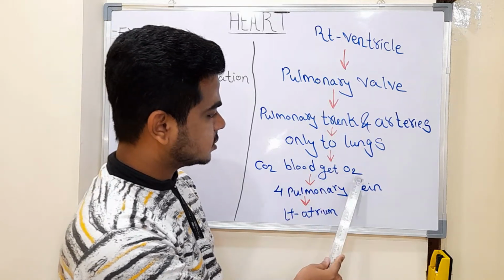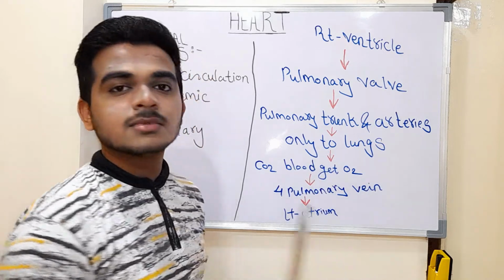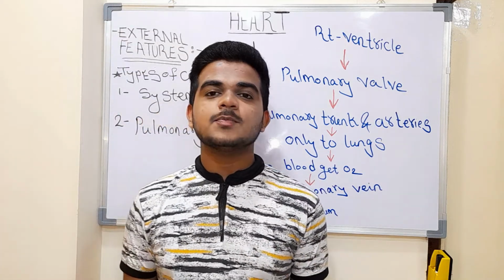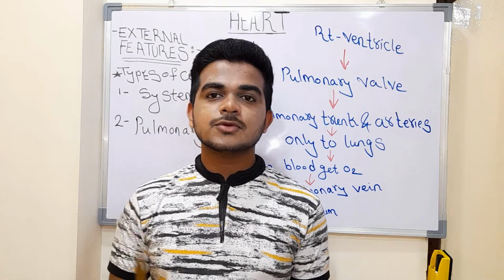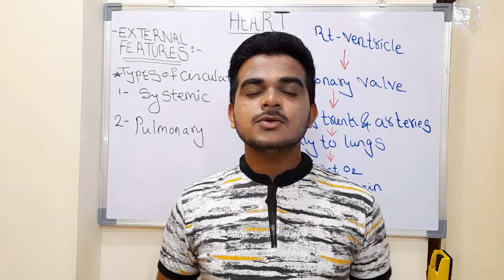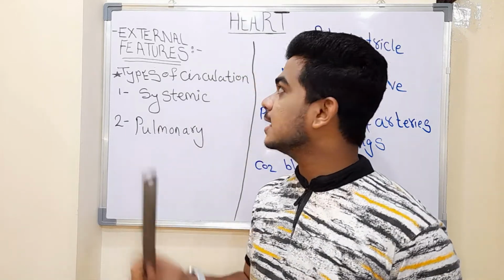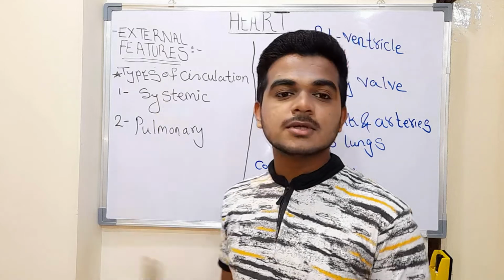Deoxygenated blood gets oxygenated, and through the four pulmonary veins the purified oxygenated blood is collected in the left atrium. So there is a difference between systemic and pulmonary circulation. I hope you understand the types of circulation.